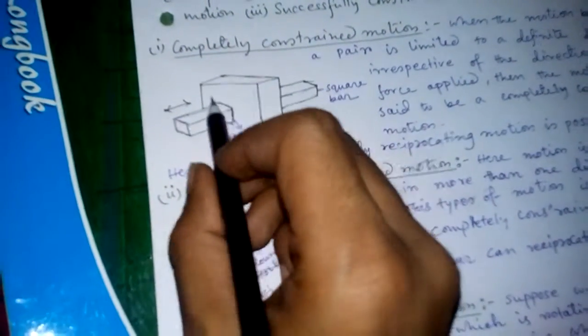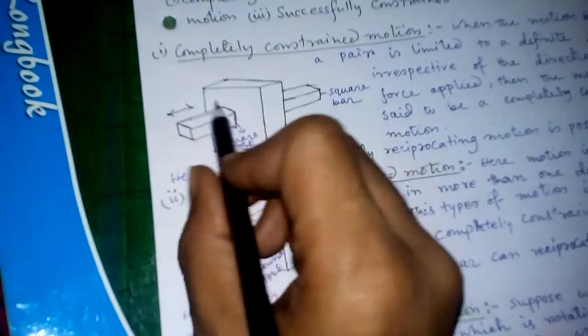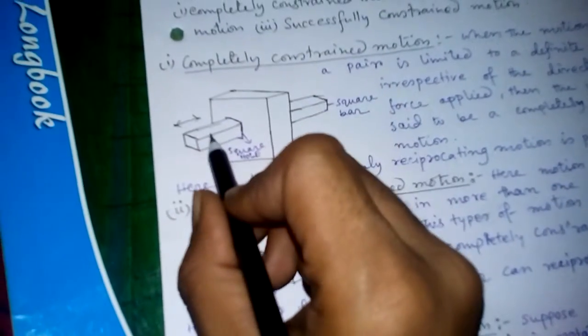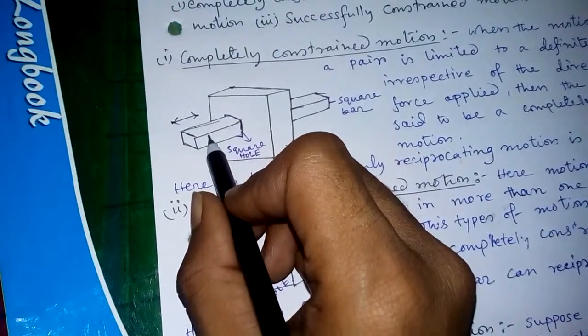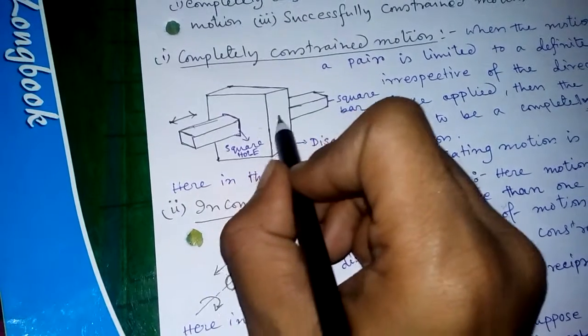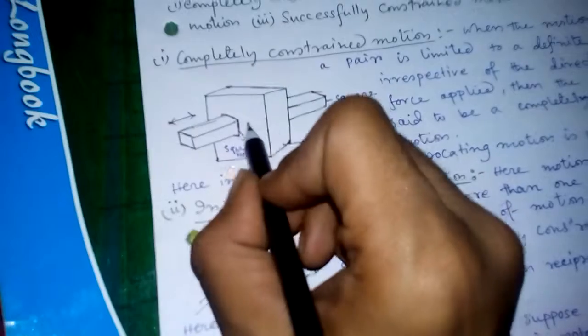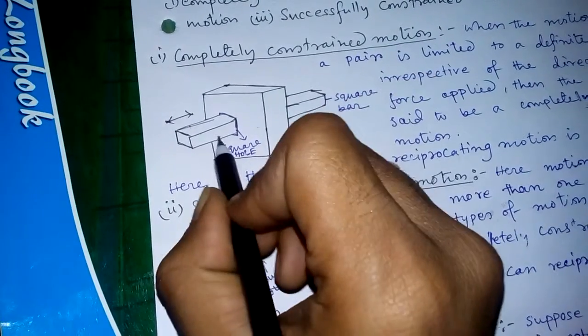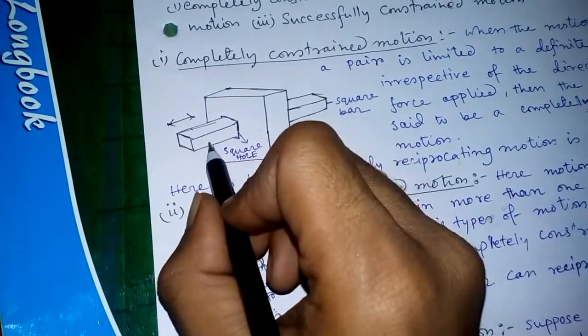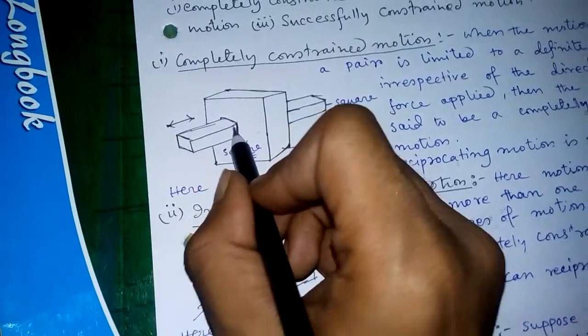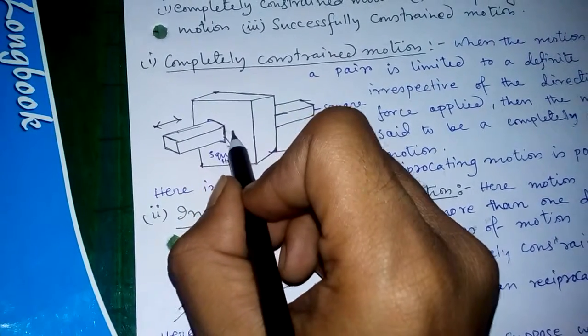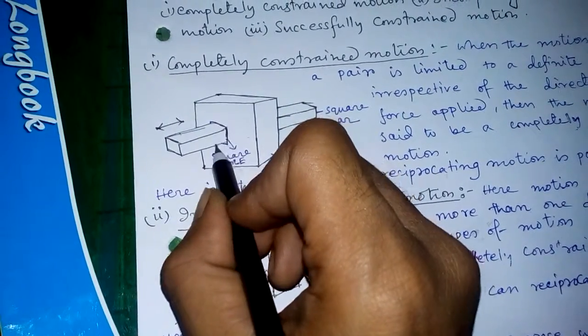If we consider this diagram, this figure, this is a square disc, and this is a square bar. This square bar is penetrated in this square disc. And this square bar can reciprocate through this square hole.